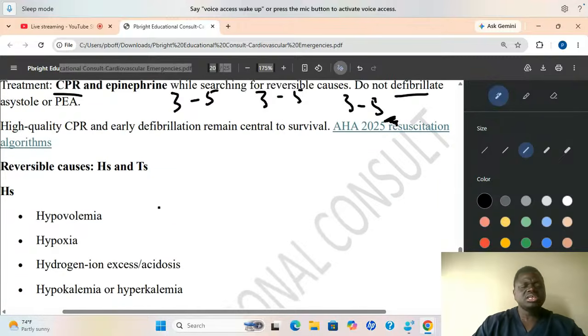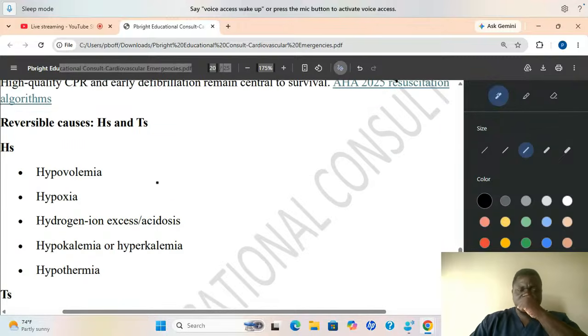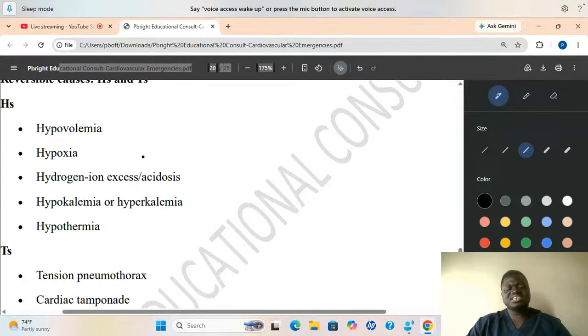Now let's look at the causes, the H's and the T's. These are the things that can easily launch you into cardiac arrest if you are not careful. Hypovolemia is number one. That is why anytime we see it in the emergency, everybody will be like, let us correct it.